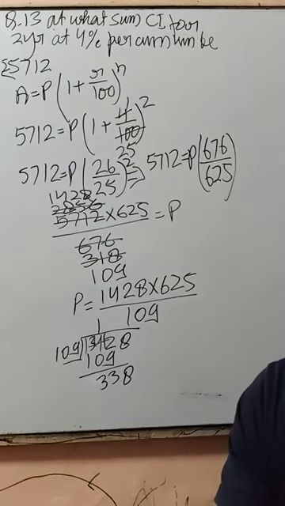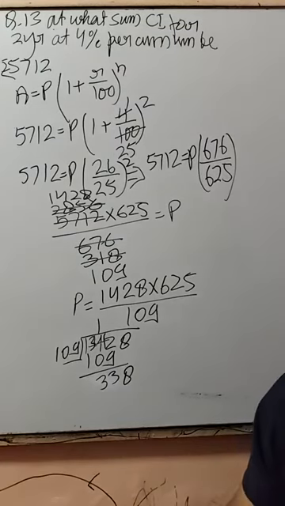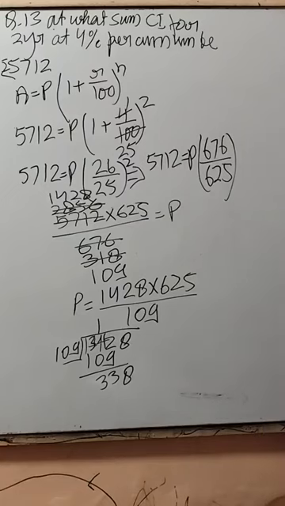Show the question here. On what sum will compound interest for 2 years at 4% per annum be 5712? It is compound interest that is written here.